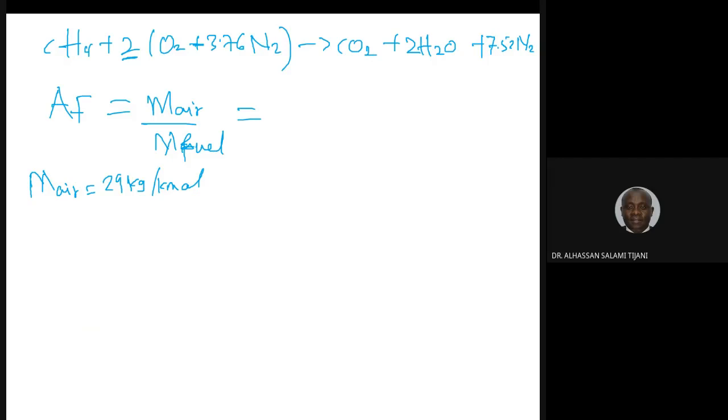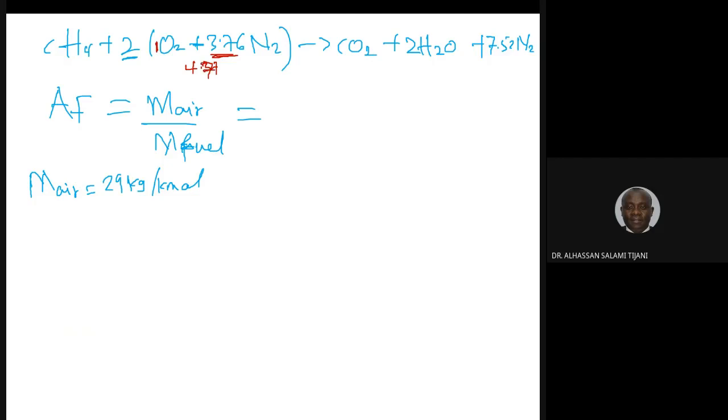Let me use a different color so then you understand what I want to put across. So here we have 1 kilomole of oxygen plus 3.76. Sorry, so this gives us 4.76.